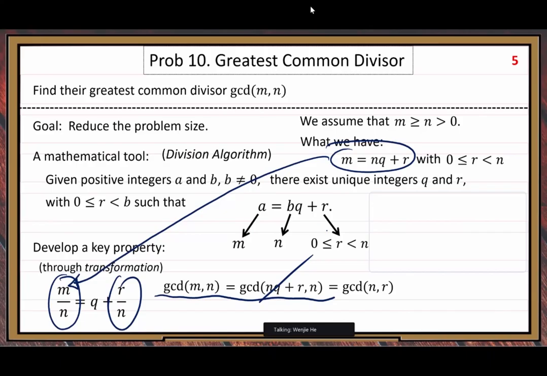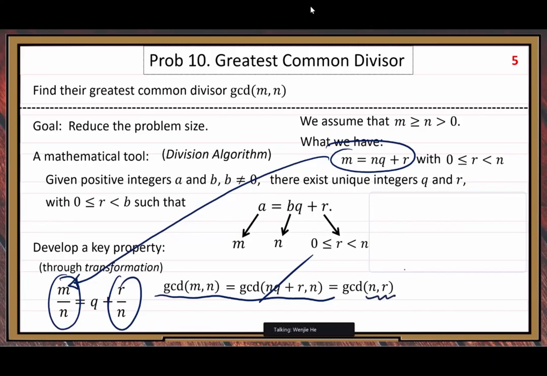So you can keep doing the next round of size reduction, right? Keep doing it until you need to stop at some place. When can you stop? Sooner or later, you need to stop somewhere.